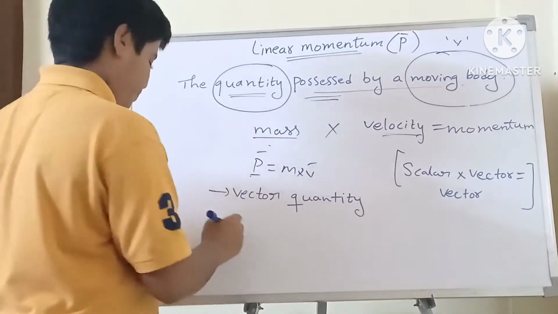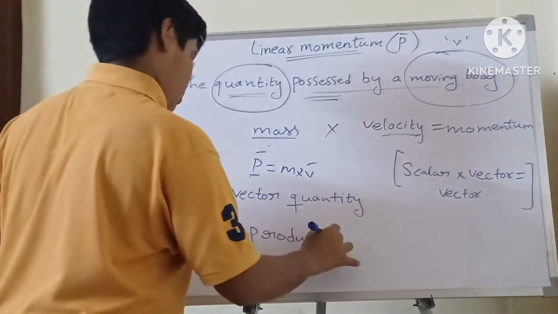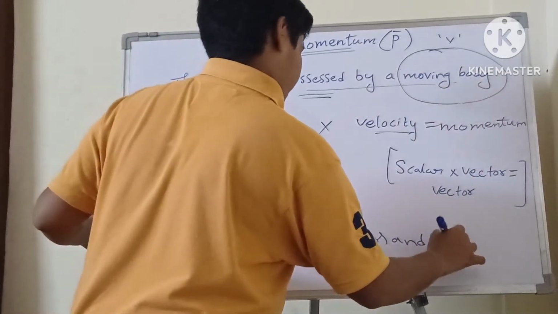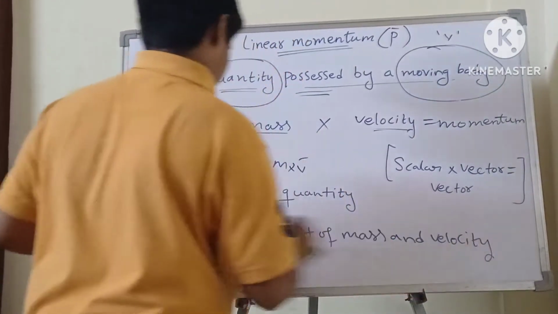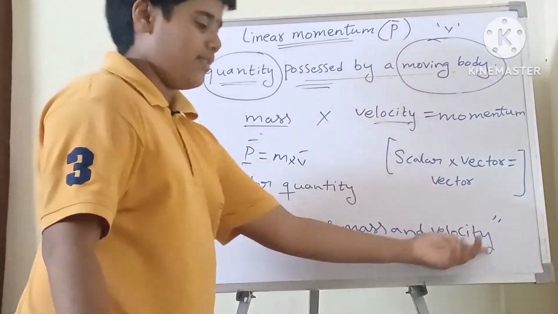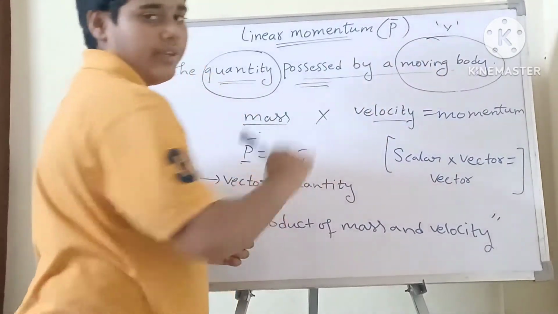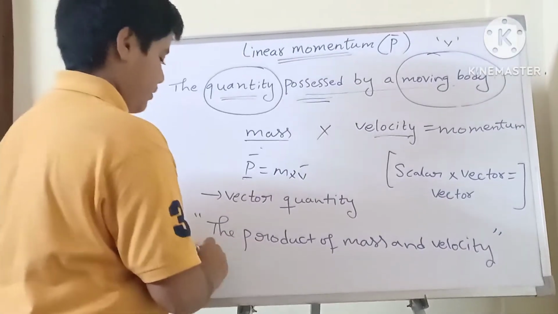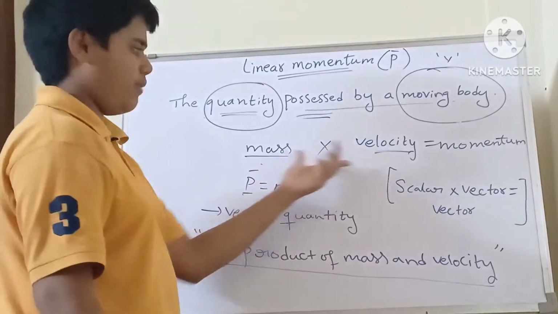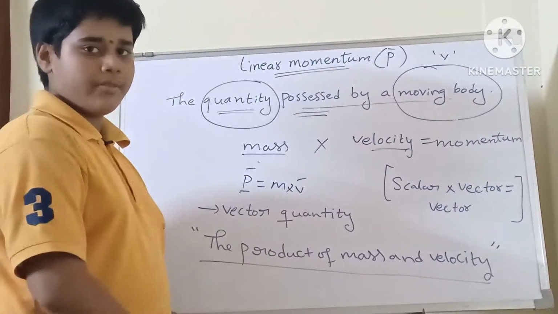In other words, the product of mass and velocity. This is the simple definition: the product of mass and velocity.